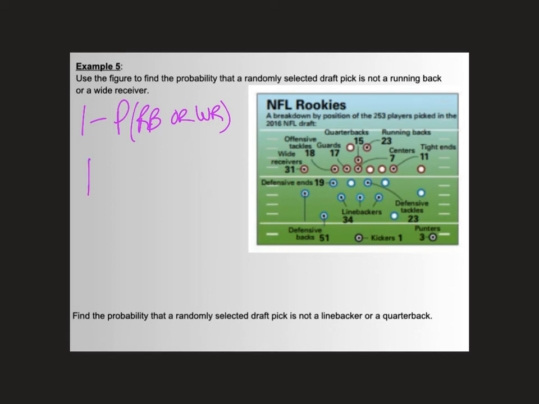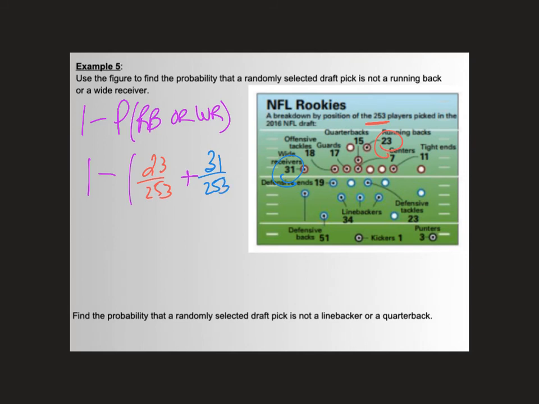So we're going to do 1 minus the probability that you are a running back, 23 out of 253 players, plus 31 wide receivers, 31 out of the 253.